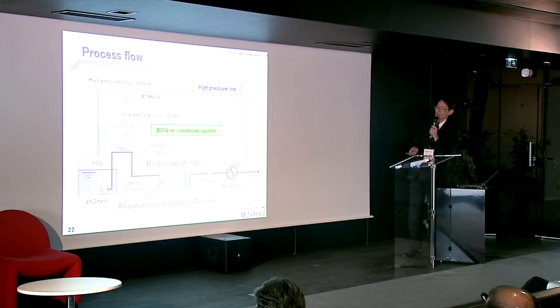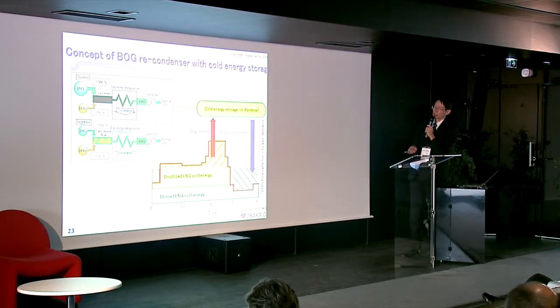If the energy flow rate is lower than, for example, 60 ton per hour, it melts the normal pentane and gives low temperature energy to the boil-off gas, so we can condense the boil-off gas every time. This is the reason we apply the cold energy system for the energy liquefaction.